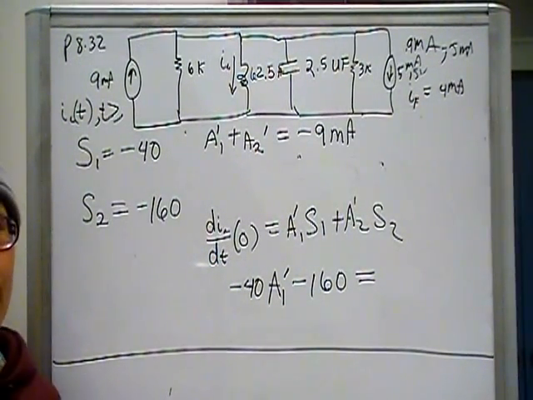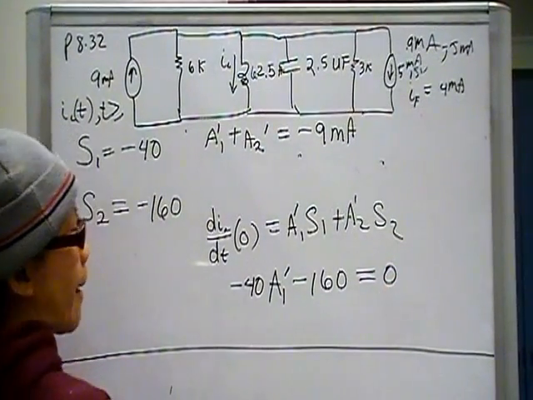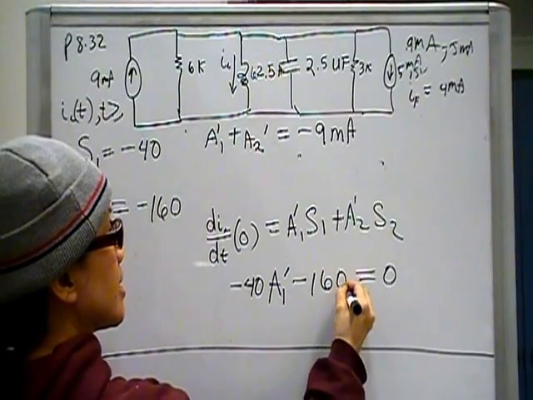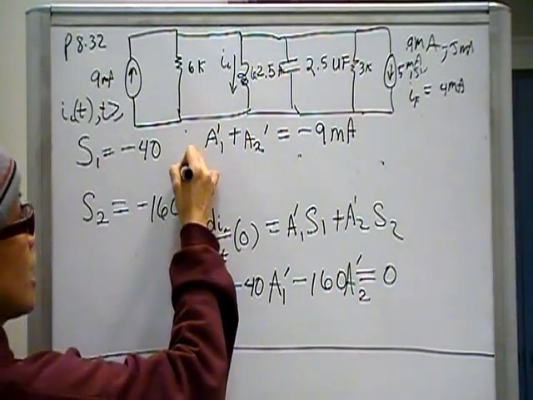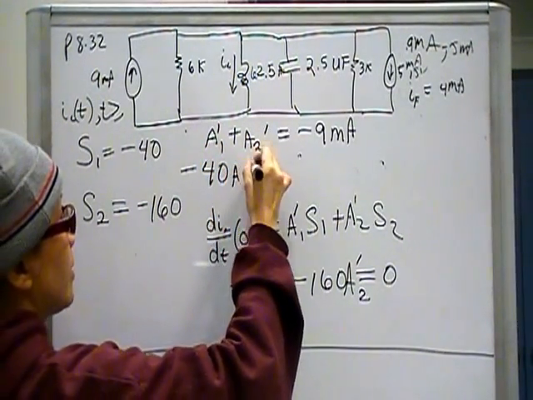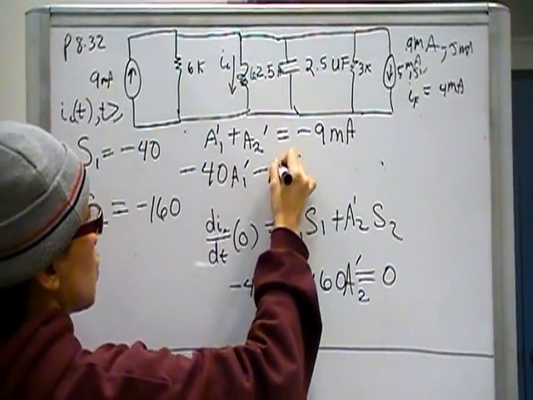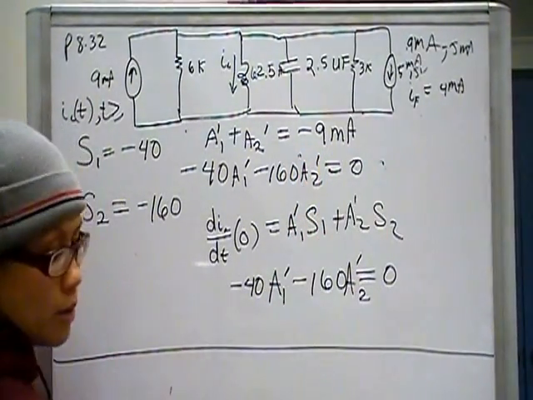And we derive that strictly through understanding the properties of an inductor. So that is equal to 0 amps. This is 160 A2 prime. That's our second equation: negative 40 A1 prime minus 160 A2 prime is equal to 0.